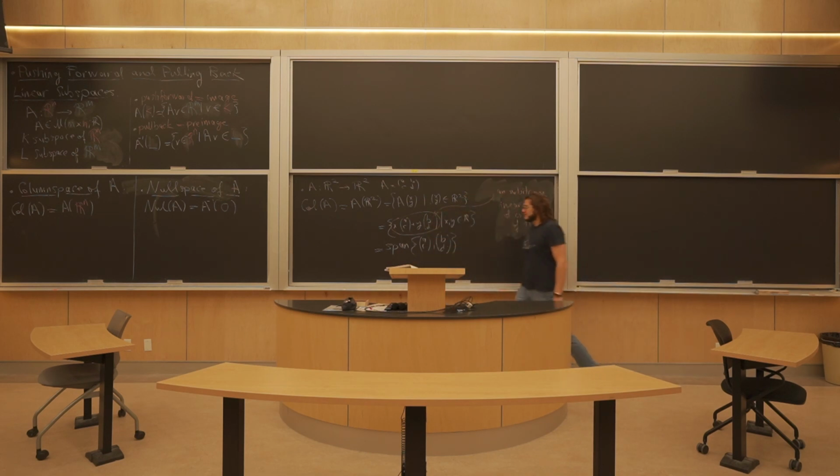So literally, column space of A is literally the space of columns of A. Okay? So let me write it like this. This is also the span of columns of A. That's why it is called the column space. Okay? Does this make sense?